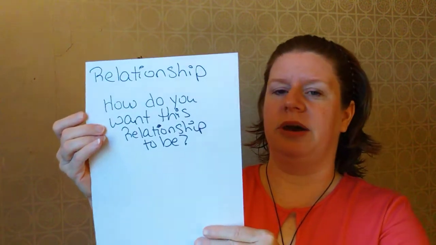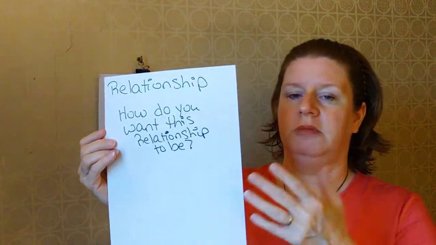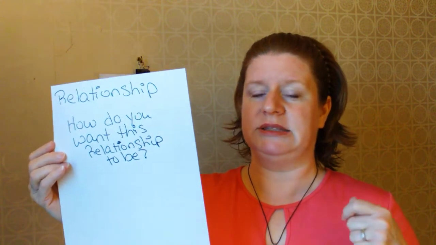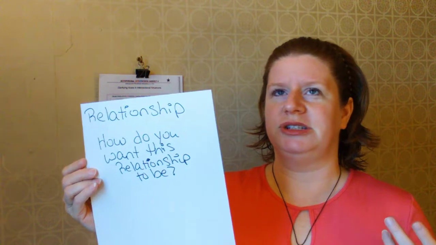You want to think about, how do you want the relationship to be? Do you want the relationship to be like that all-powerful king where whatever I say goes, and if anybody gets in my way, I'll flip their heads? Or do you want the relationship to be more collegial, more friendly, more welcoming, more egalitarian?